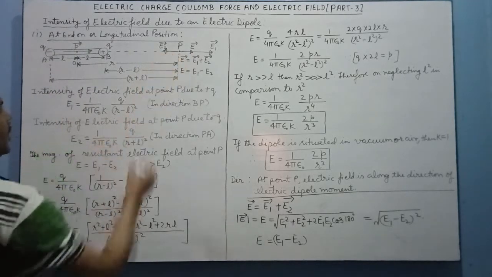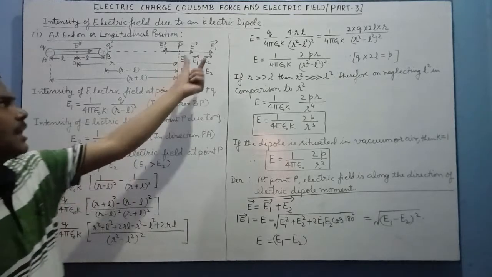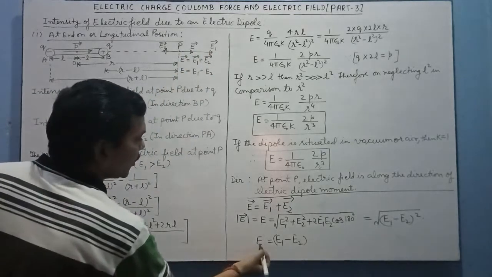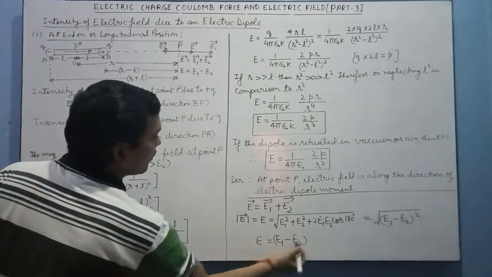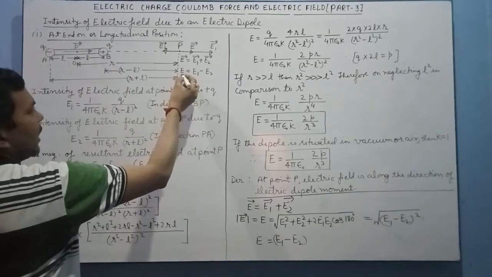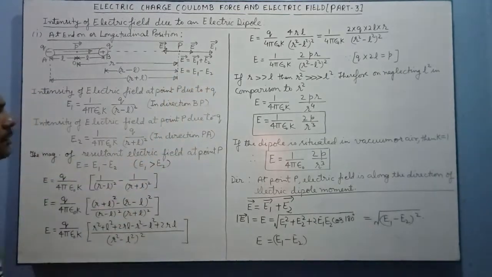So electric field E2 is smaller than electric field E1, and hence the magnitude E is equal to E1 minus E2. I have written here in vector form, and this equation is written in magnitude form.